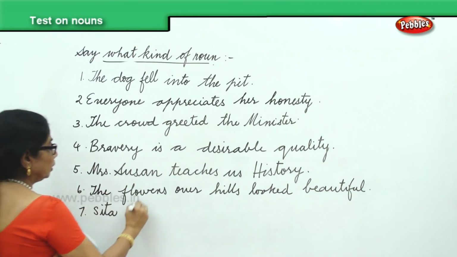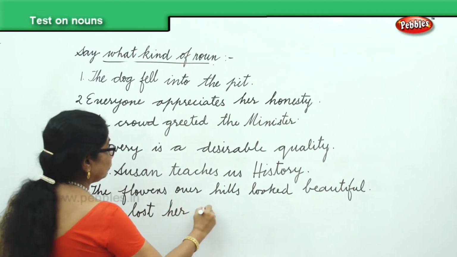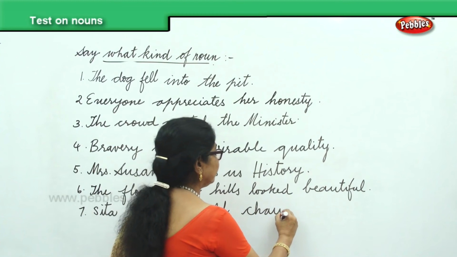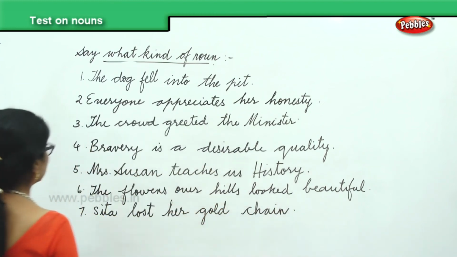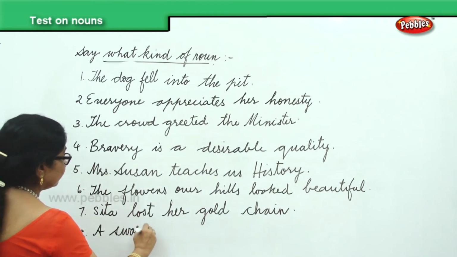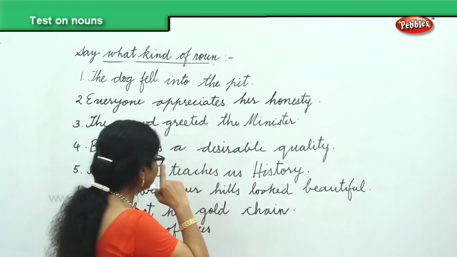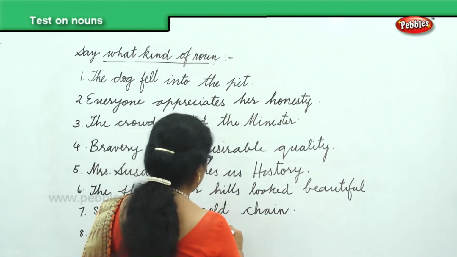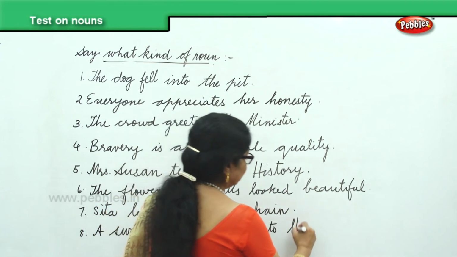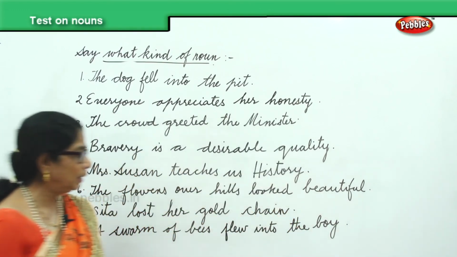Sita lost her gold chain. A swarm of bees flew into the boy.